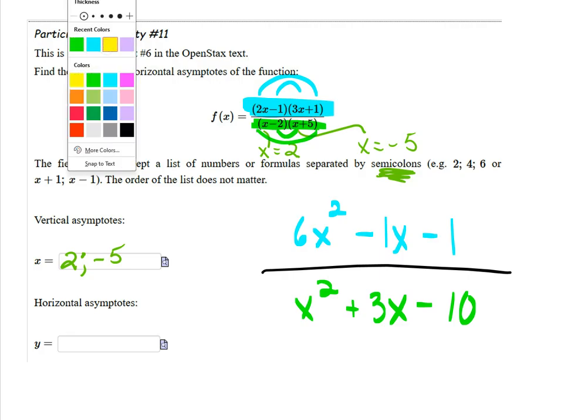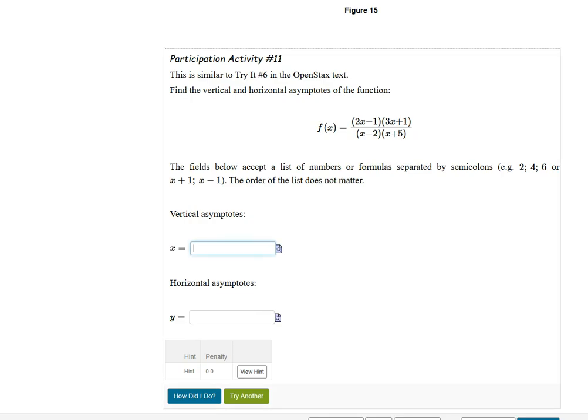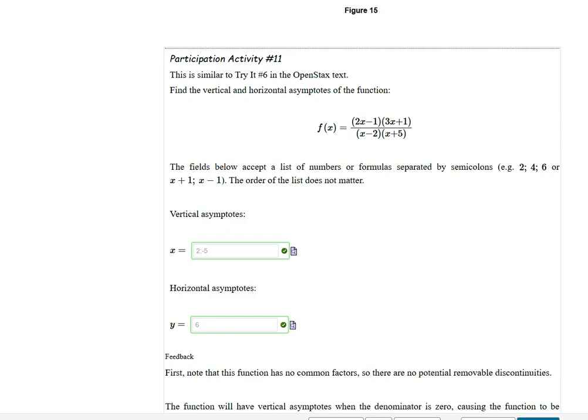The degree of the numerator is the same as the degree of the denominator, so it's the ratio of the coefficients. This one's a 6, the denominator is an invisible 1, and 6 over 1 is 6. So if I go real quick, 2 semicolon -5 and 6. How'd I do? Yay! And that's that.